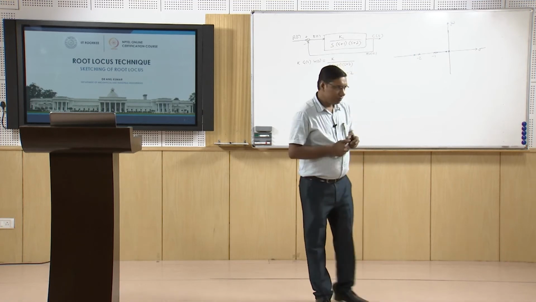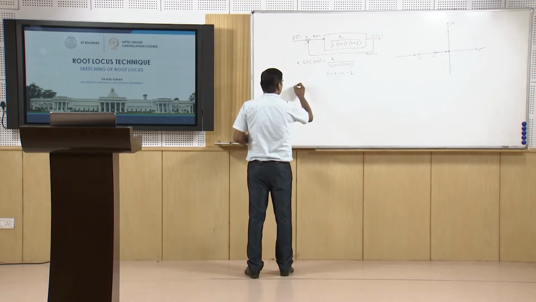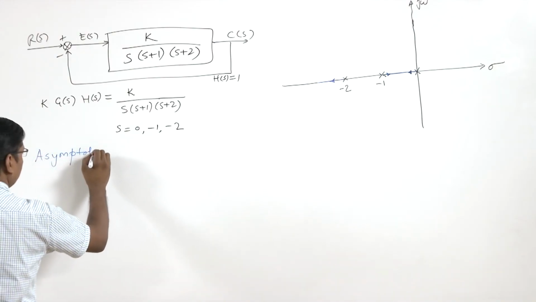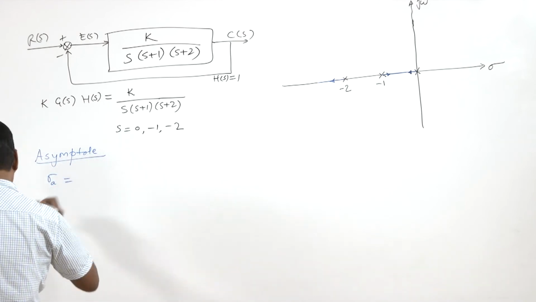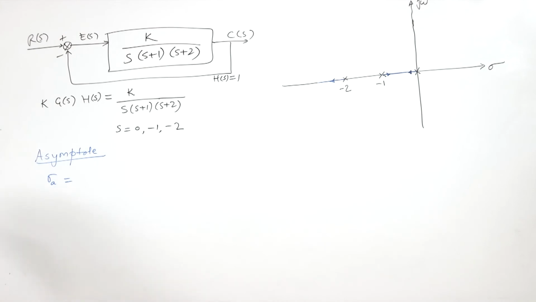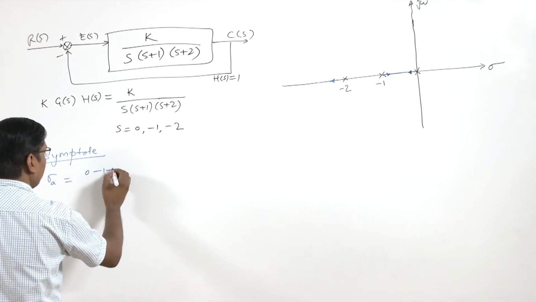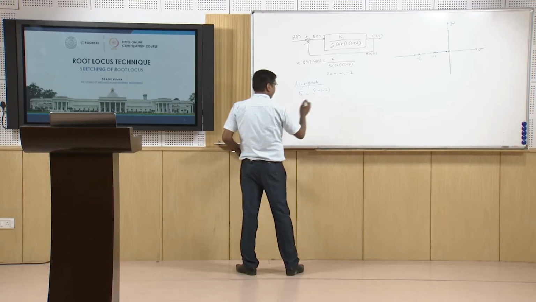To find the asymptote, we have sigma A, and sigma A we can find as the sum of the finite poles, that is 0, -1, -2, minus the sum of the finite zeros.